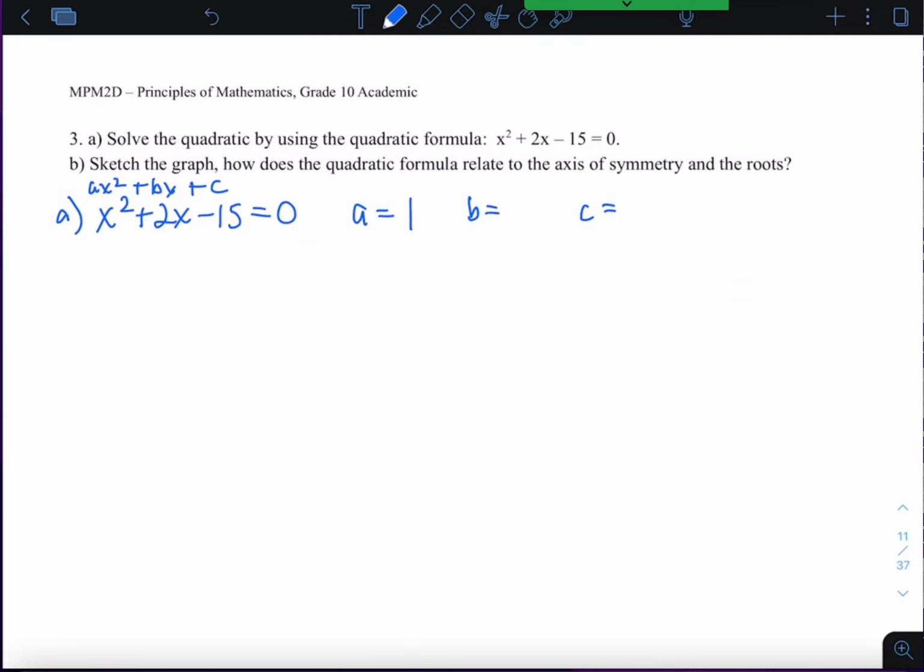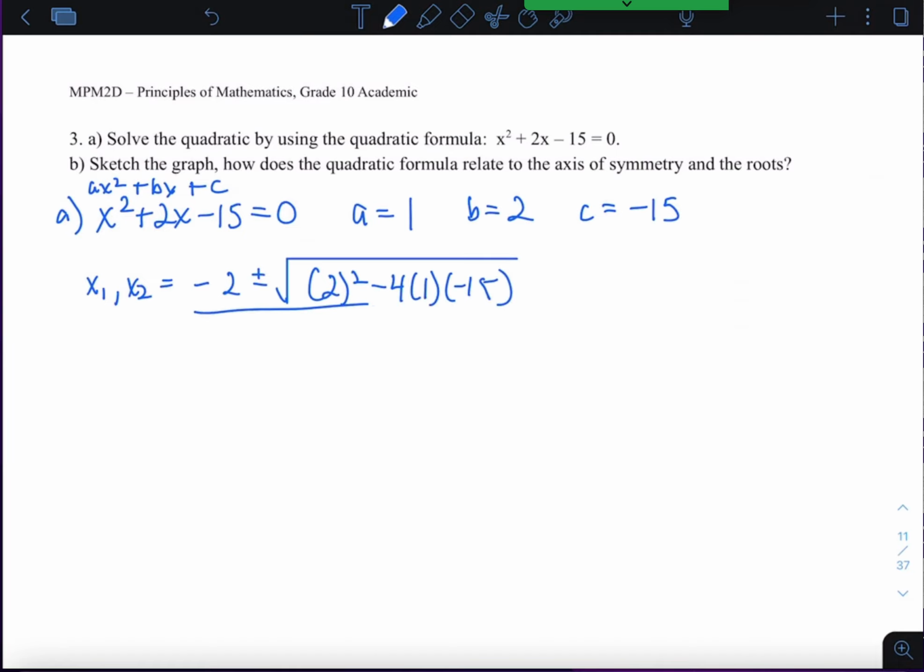So I can see that the a value is 1, the b value is 2, and the c value is negative 15. So what I'm going to do is plug it into my formula. I'm going to get negative b plus or minus the square root of b squared minus 4 times a times c all over 2a.